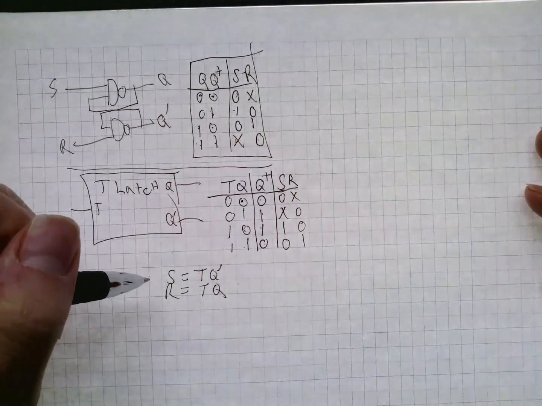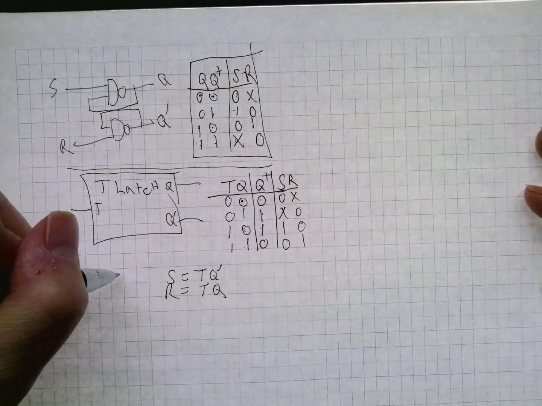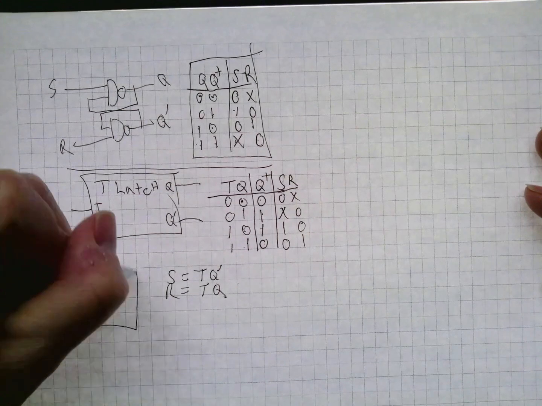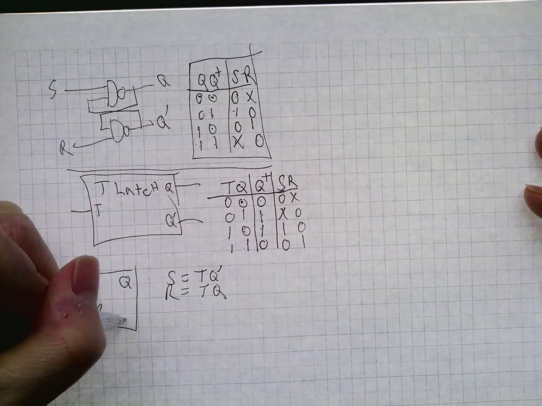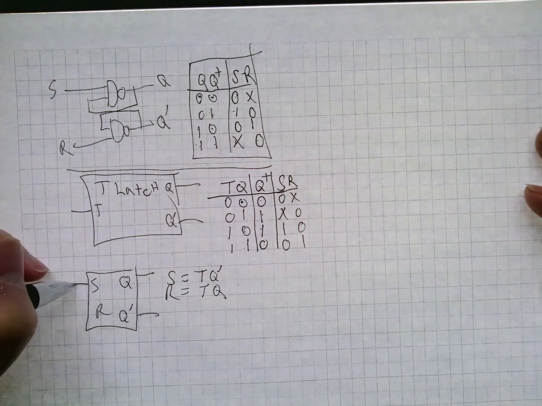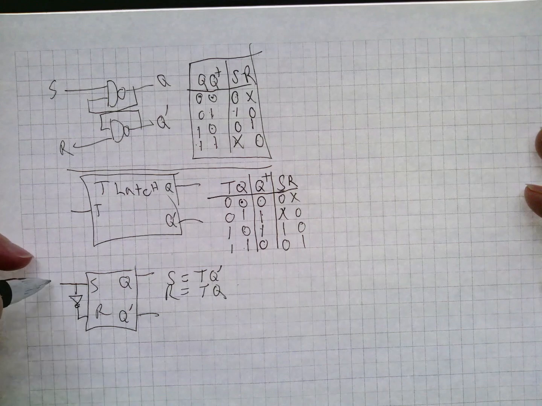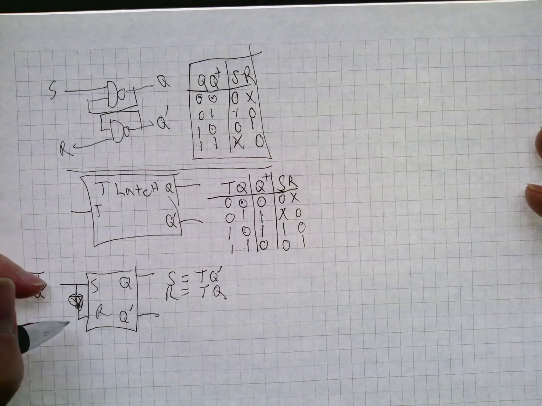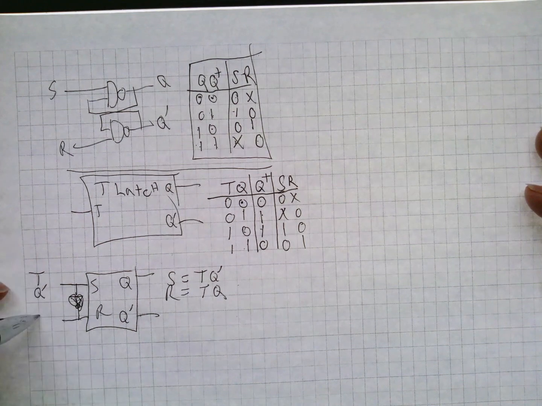And so we can arrive at an SR latch where S is the inverse of R, or R is the inverse of S, and S is going to be T, Q prime, or TQ.